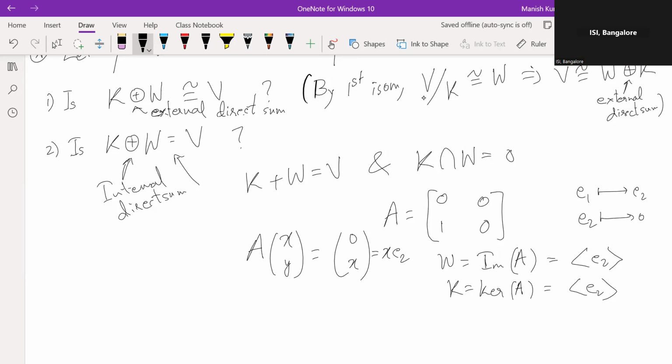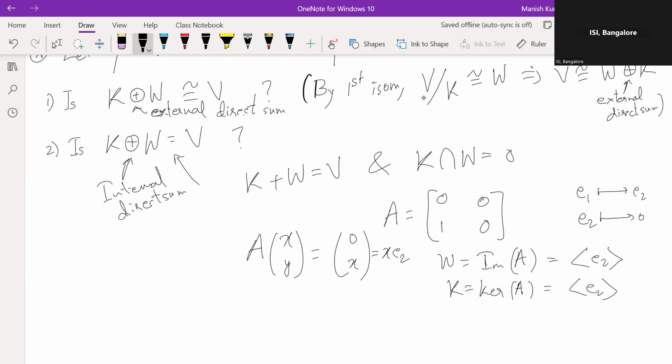We are trying to disprove that this is an internal direct sum. An internal direct sum precisely means that K plus W is equal to V. And in fact only one of the two conditions will ensure that this happens, because of the dimension count. If K plus W is V, then K intersection W has to be 0.